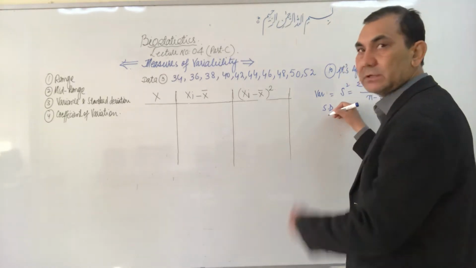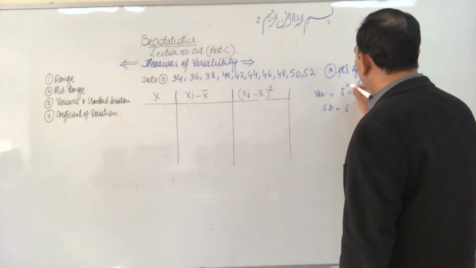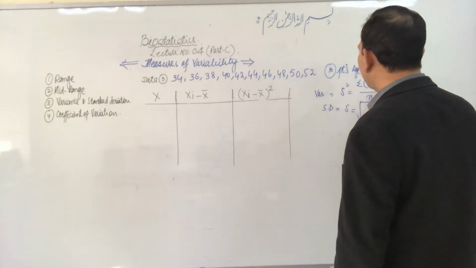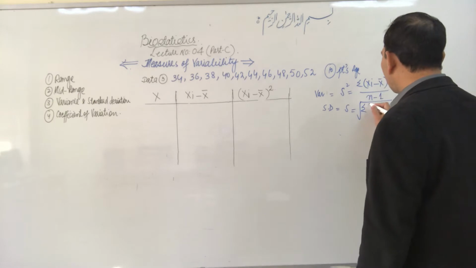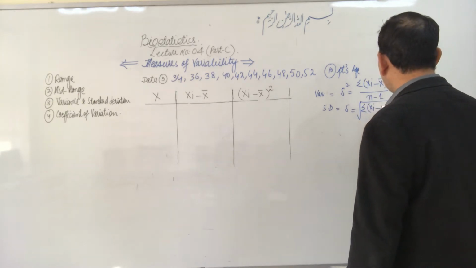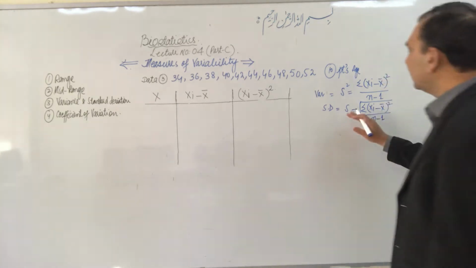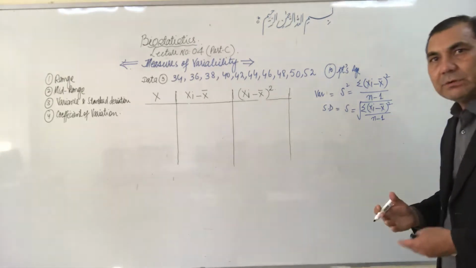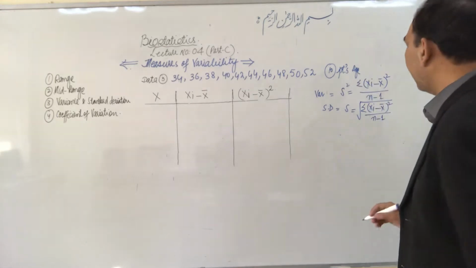For the standard deviation we remove the s square and put the square root on the formula, the sum of (xi minus x bar) whole square divided by n minus 1. This is the formula for the calculation of the standard deviation of the sample.